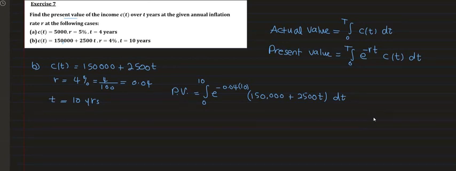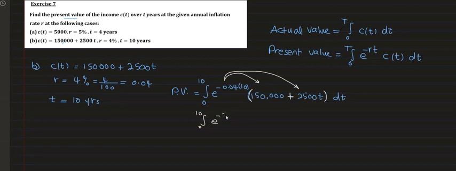If we have an x multiplied with a bracket of the sum of two terms, of course we think of distributing, and therefore we have two integrals from 0 to 10 for the exponential.